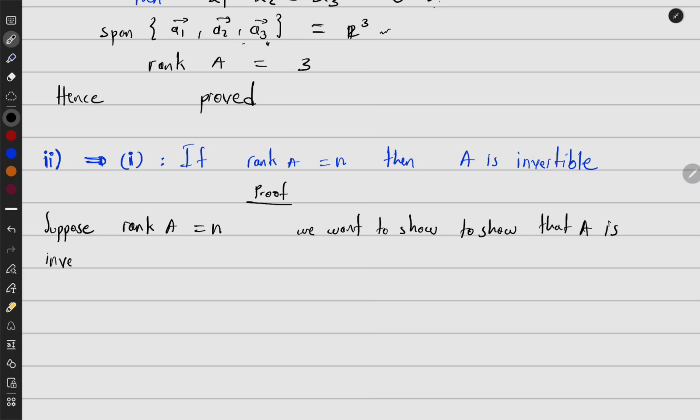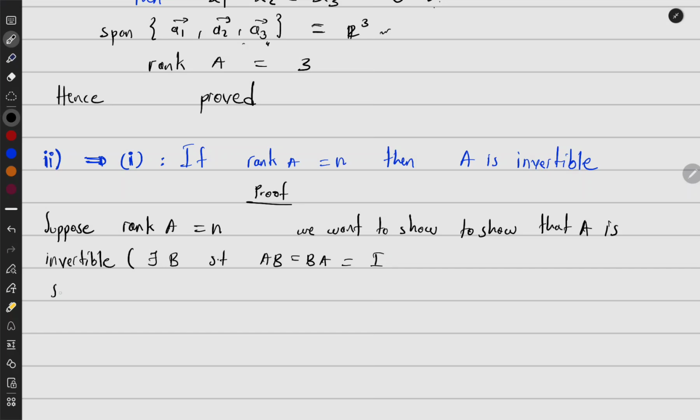But I have already stated that A is invertible if there exists a B such that AB equals BA, and this will give me the identity matrix.